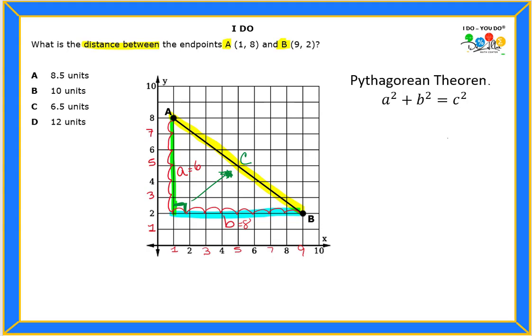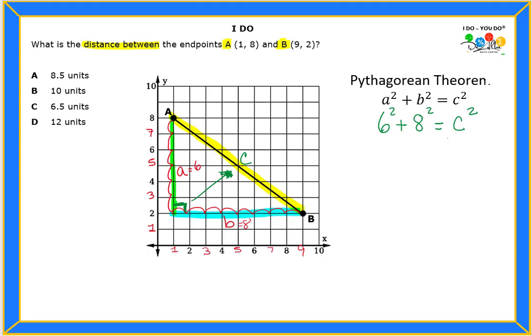Okay? Now, I'm going to use the formula because remember that A and B are the measurements of the length of my legs, right? So this will be equal to 6 to the second power plus B, which is equal to 8 to the second power. And that will give me C to the second power.